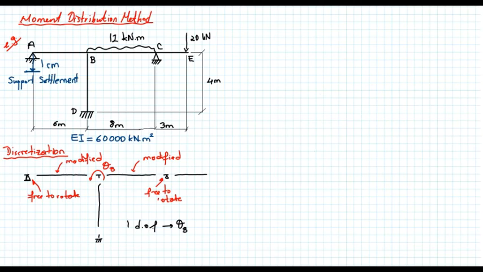The main difference of this problem from the previous problems is that at point B, I have three members joining. So I have to distribute whatever moment I have, the unbalanced moment at B, to these three members. So once we do the discretization, the next step is the stiffness factors.